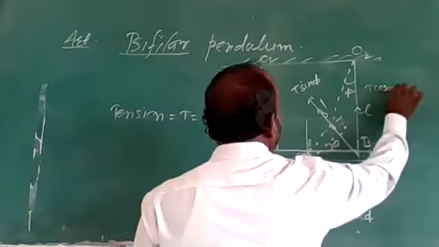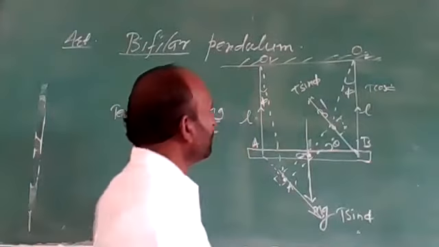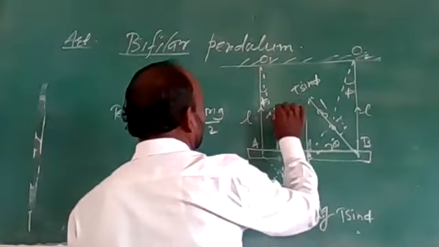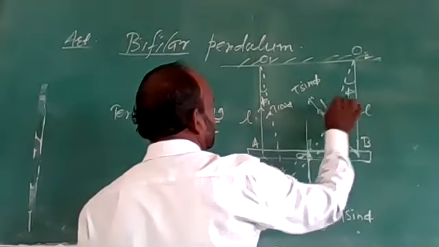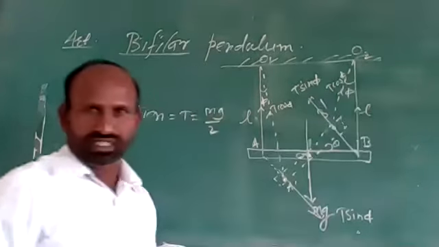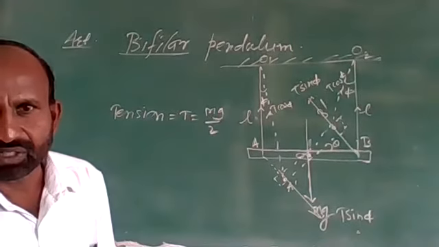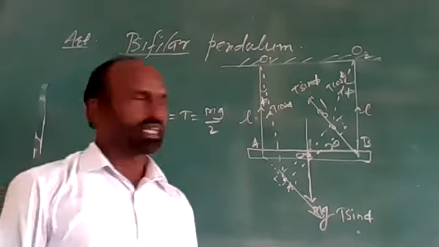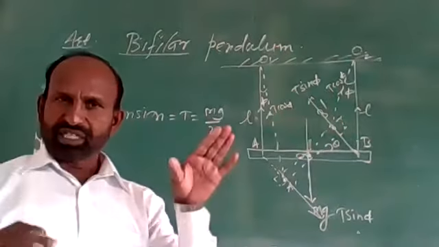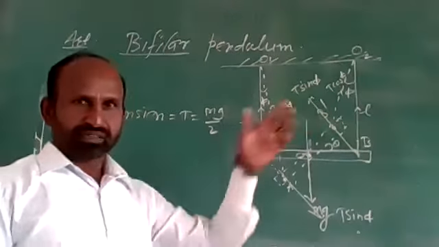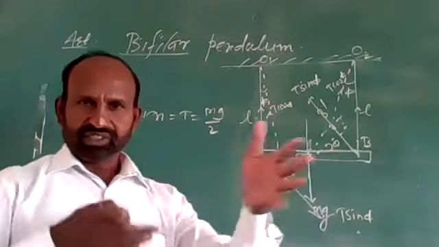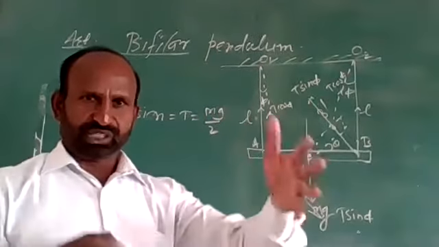T cos phi will be the vertical component, here T cos phi and here T cos phi. T cos phi is the vertical component which balances the weight of the bar, and T sin phi, the horizontal component, keeps the bar in the displaced position.